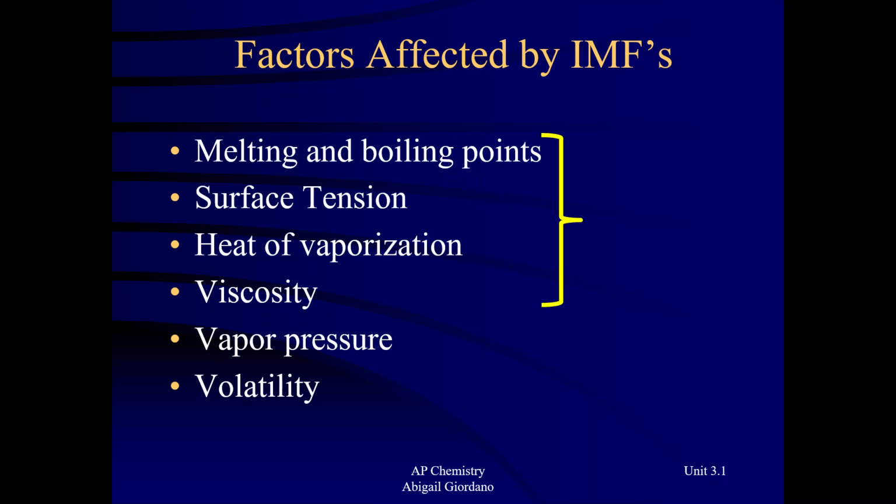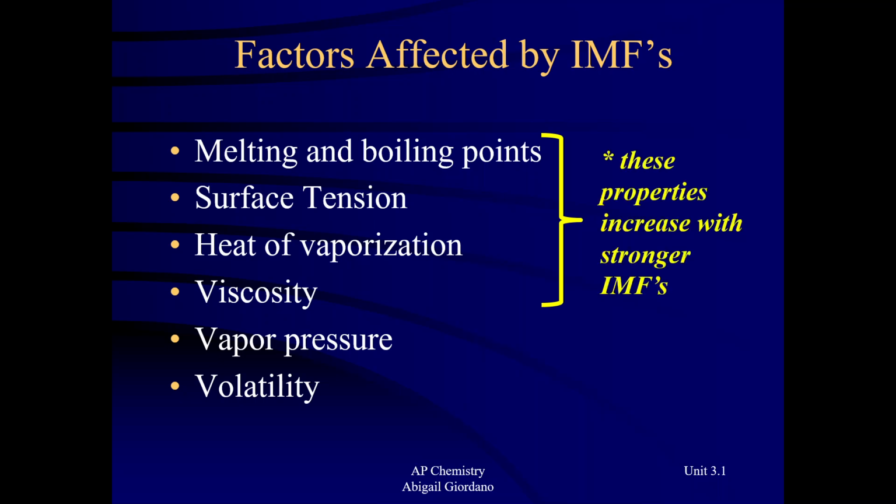These first 4 bullet points are properties that increase the stronger the forces are. The stronger the forces are, the higher the melting and boiling points will be, the greater the surface tension, the more heat required to vaporize, the more viscous the liquids will be.